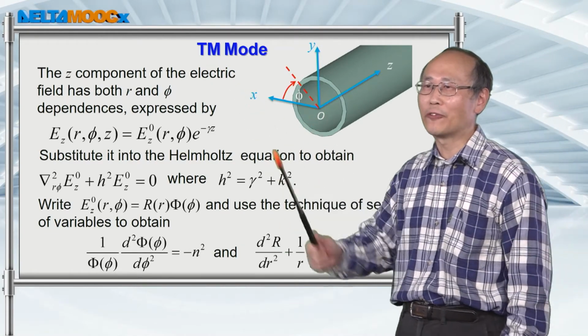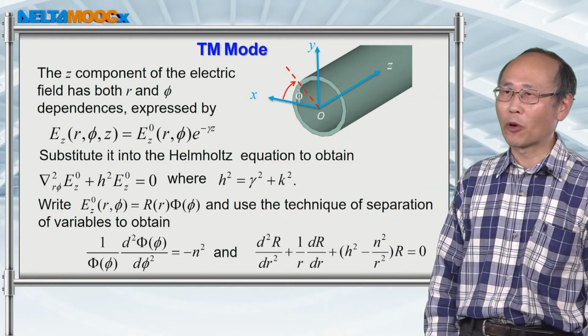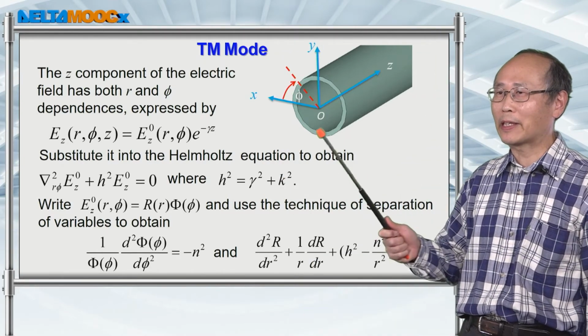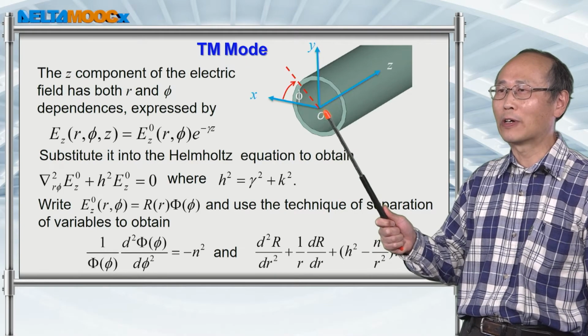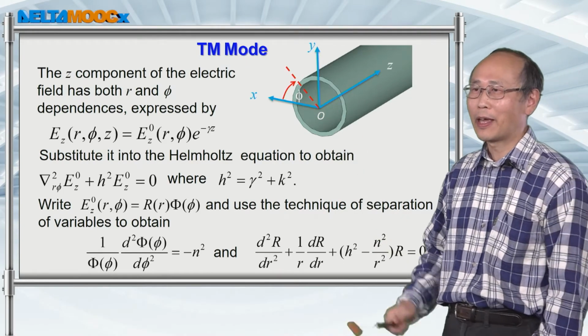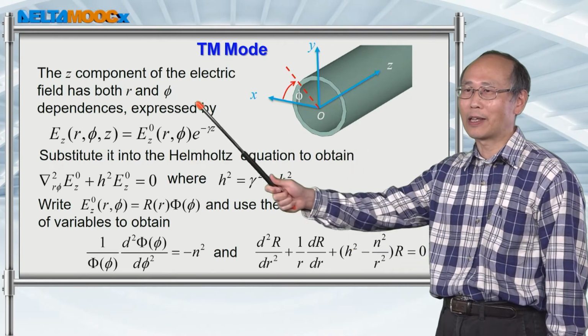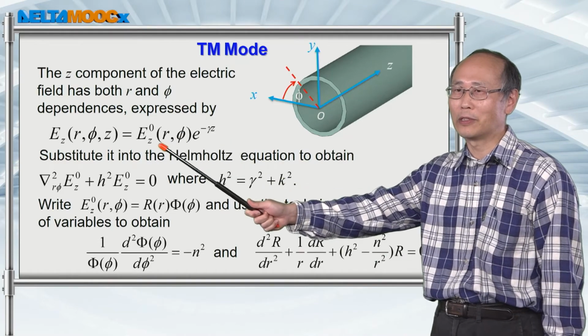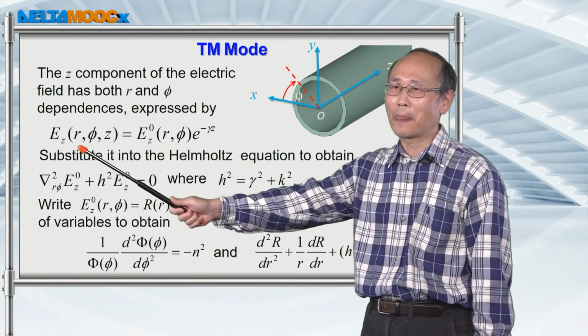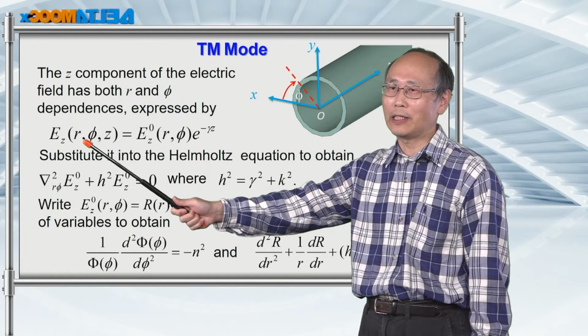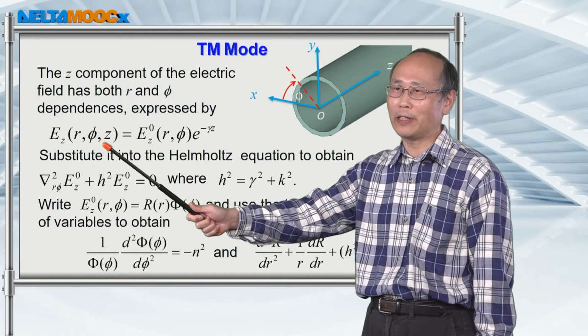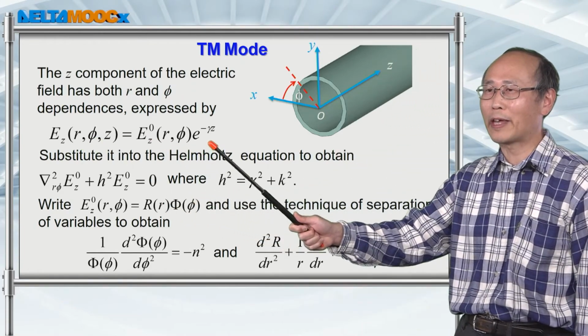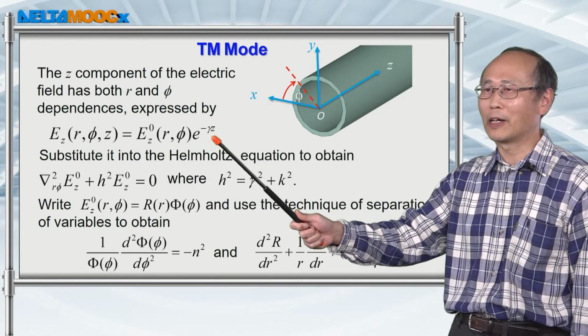By definition, if you have a TM mode inside a waveguide, you'll be expecting an electric field along the axial direction. And in this case, the electric field is going to be along z direction. And so you write down Ez as a function of r, phi, z, but you know that the field will be propagating along z direction.